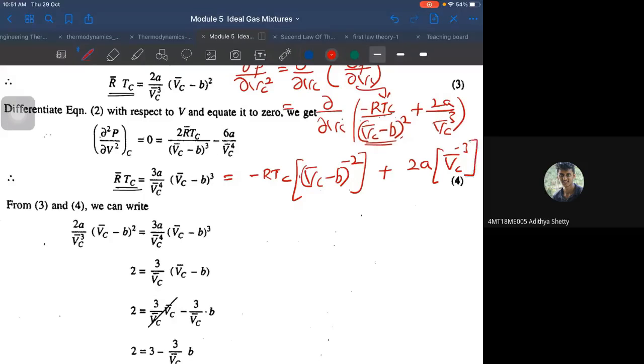Now I have to differentiate this with respect to Vc again. When I differentiate this, minus R into Tc. What is the differentiation of x to the power of n?